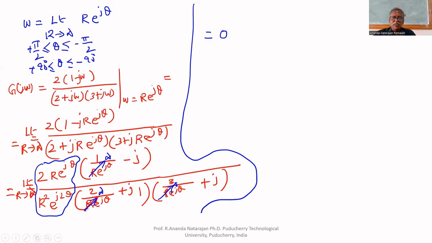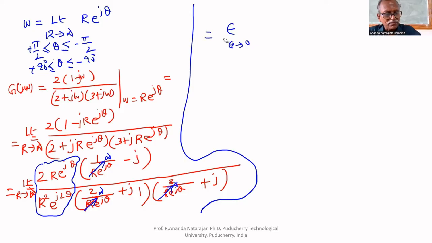Therefore, magnitude is 0. As a limiting case, we are not going to say 0. Instead, we are going to say it is epsilon, epsilon tends to 0. Now the angle we have to write.